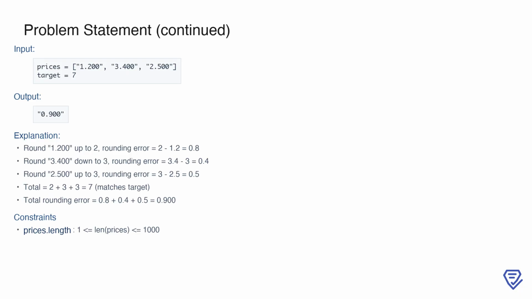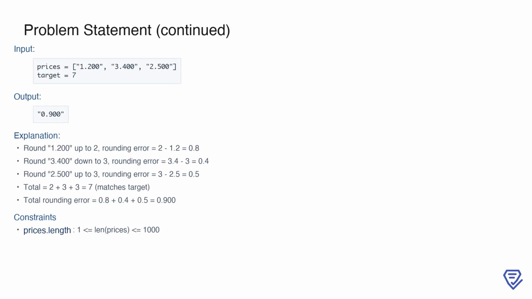Finally, we round 2.500 up to 3, resulting in a rounding error of 0.5. The total sum of the rounded prices is 2 plus 3 plus 3, which matches the target of 7. The total rounding error is 0.8 plus 0.4 plus 0.5, which equals 0.900. This example highlights how careful selection of floor and ceiling values can help achieve the target with the smallest possible rounding error.